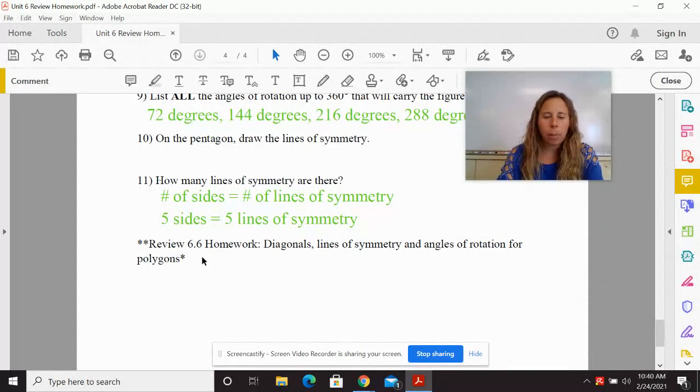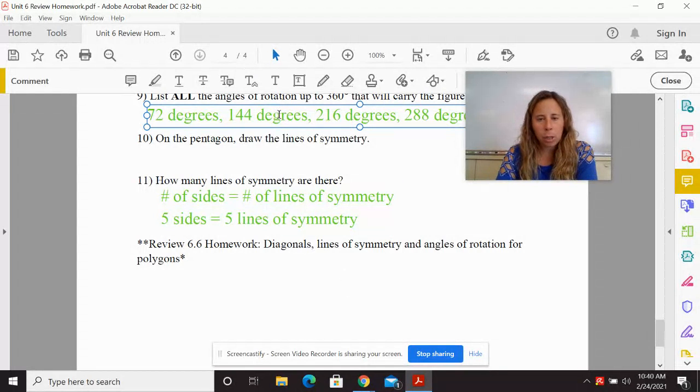Really, I want you to go back and look at your 6.6 homework. Just practice with what we just did: lines of symmetry, drawing lines of symmetry in shapes, and rotational angles.